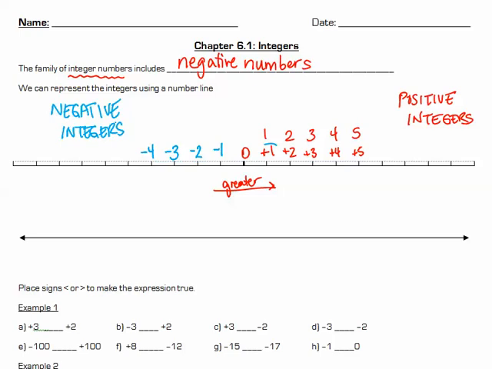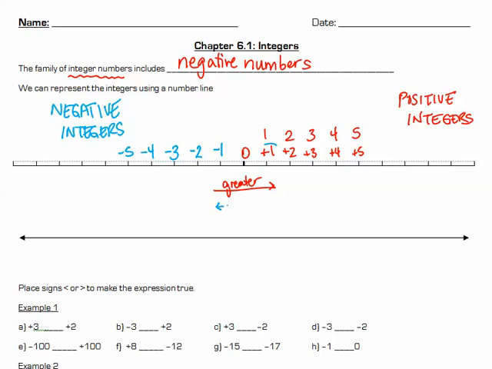So we have -1, -2, -3, -4, -5. Now these integers must have the sign in front of them to identify that they really are negative. So a -4 will have the minus sign in front of it.